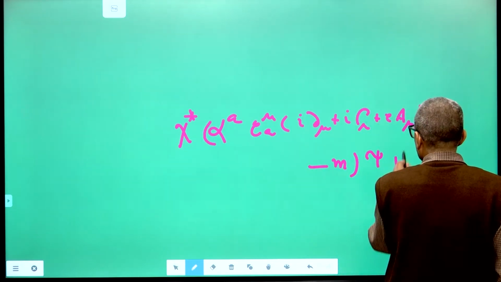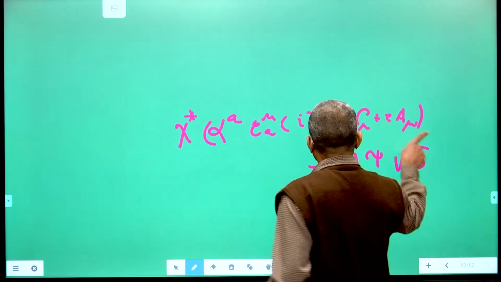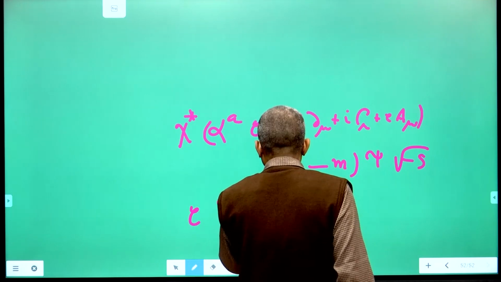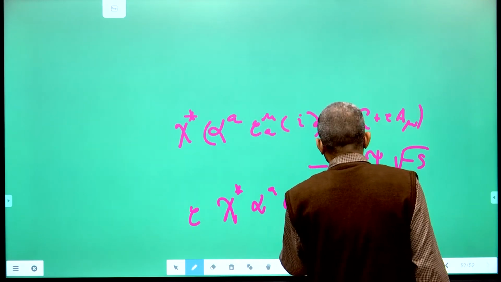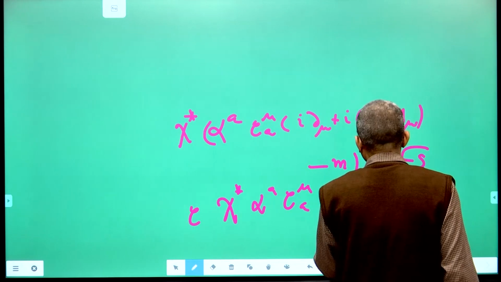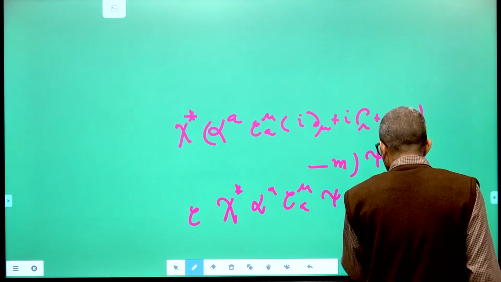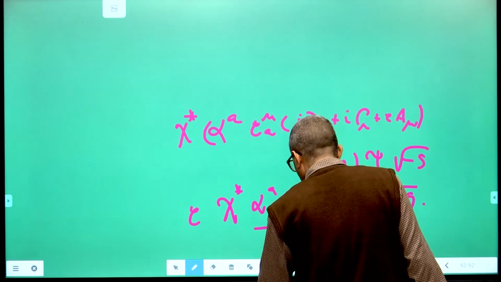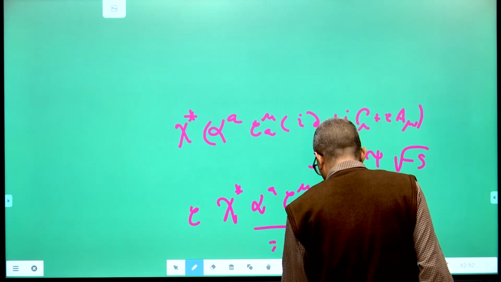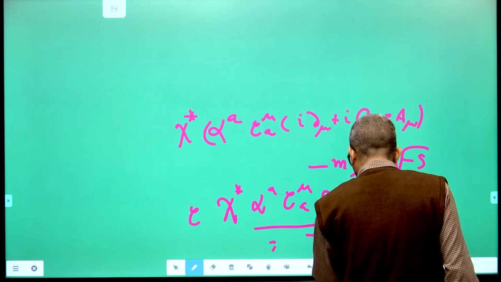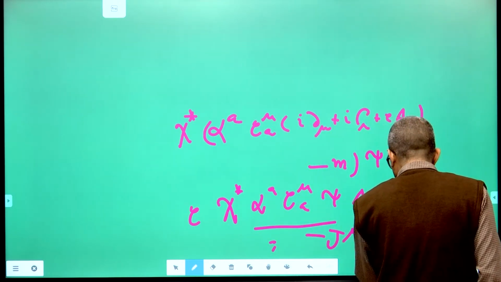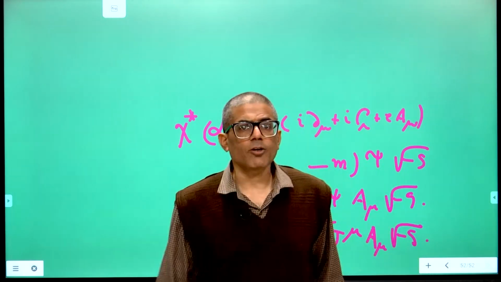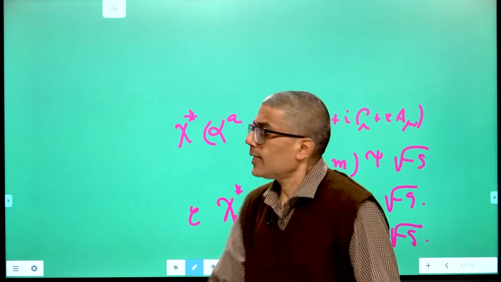Psi and root minus G. So you see automatically it has got a term like E times chi star alpha A E mu A into psi into A mu root minus G. So this gives you the Dirac current. This is the same as minus J mu A mu into root minus G, where J mu is the Dirac current. So this interaction automatically contains the coupling of the Dirac current to the Maxwell field, and you get everything.